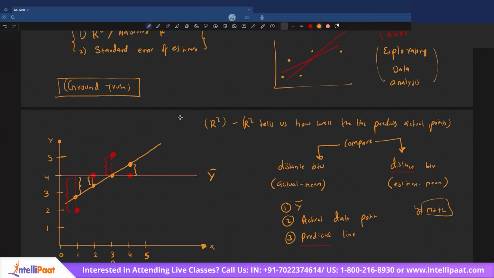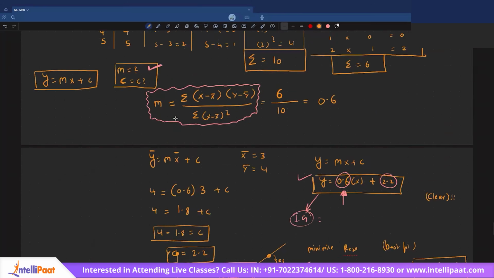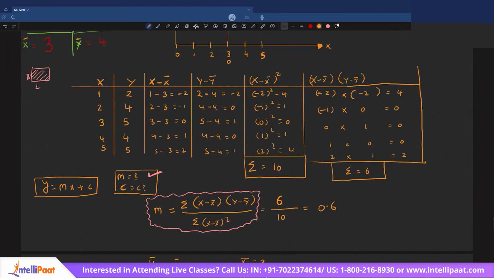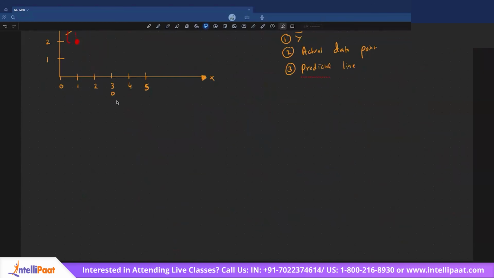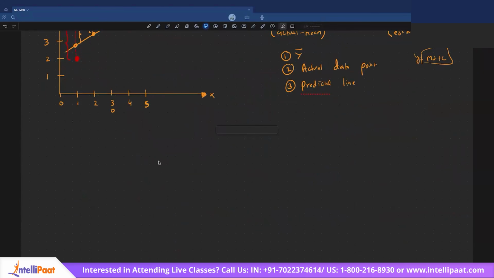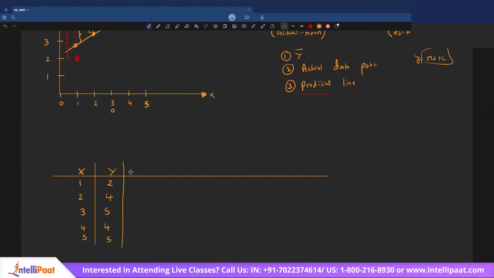I am going to take the X and the Y from the code. Copy. Is this the value of X and Y that we have? Tell me, what will it mean if I do Y minus Y bar?